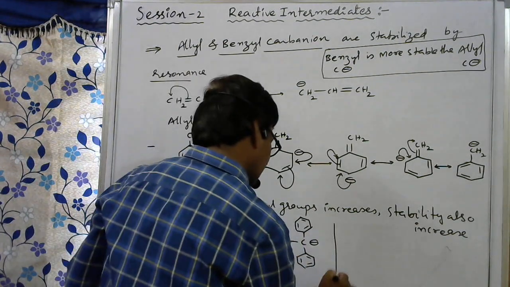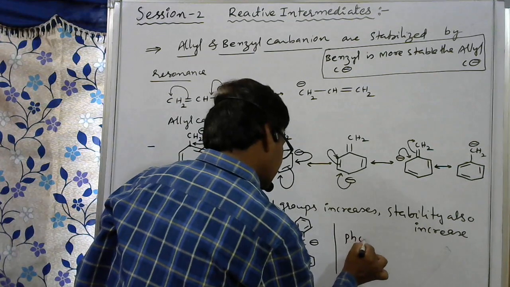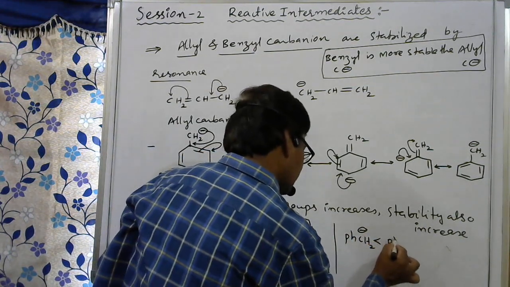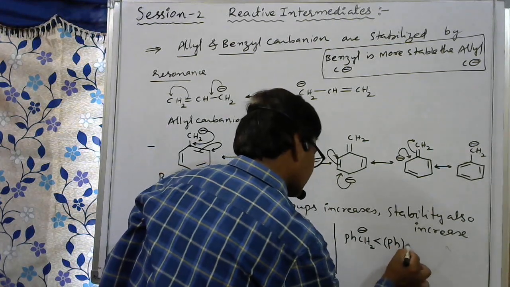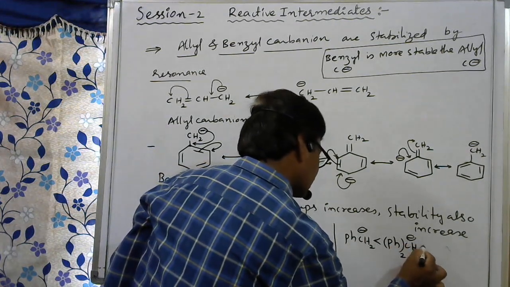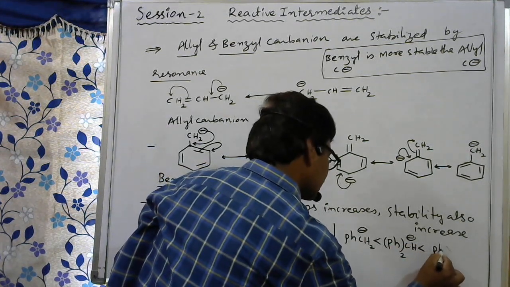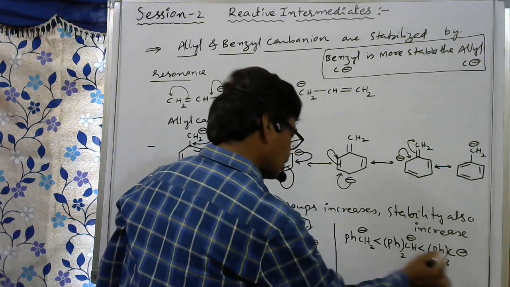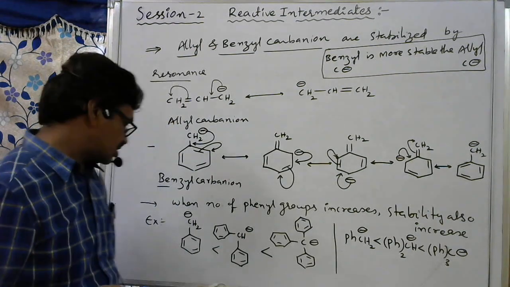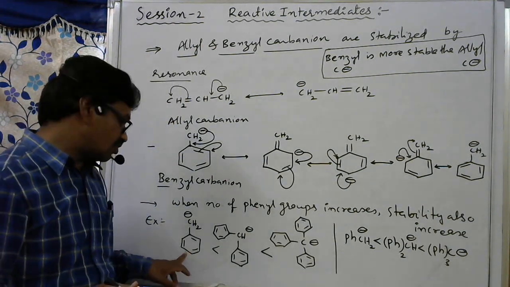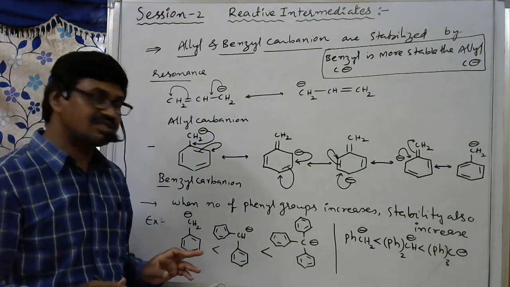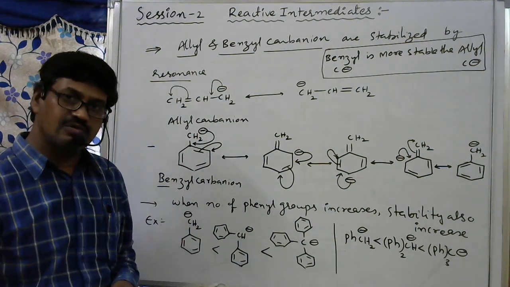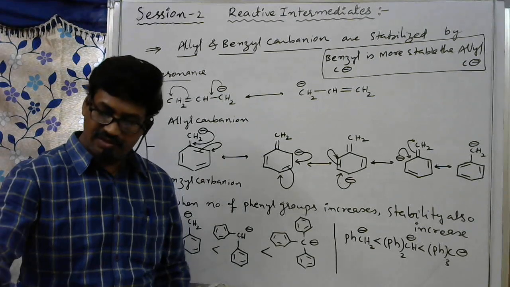In the same way I am writing: PhCH2 minus is less stable than Ph taken twice CH minus, which is less stable than Ph taken thrice C minus. Ph is nothing but one phenyl group. This is about the stability of different benzyl carbanions.